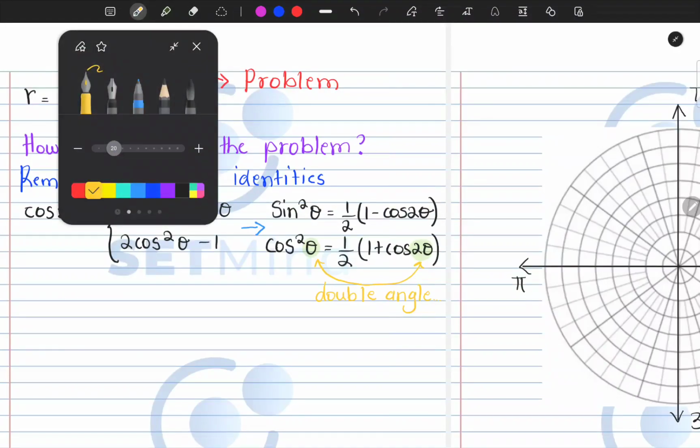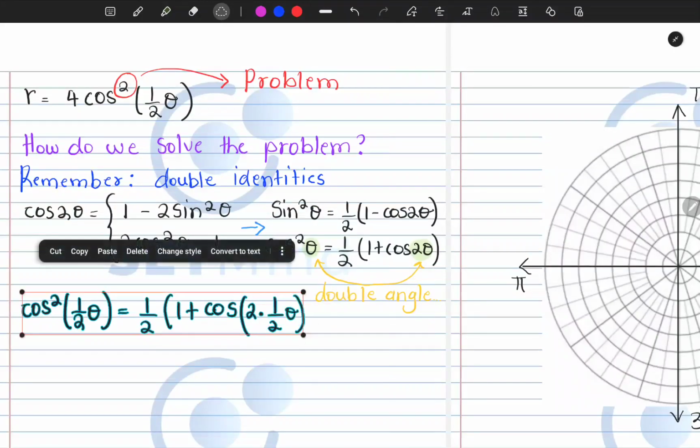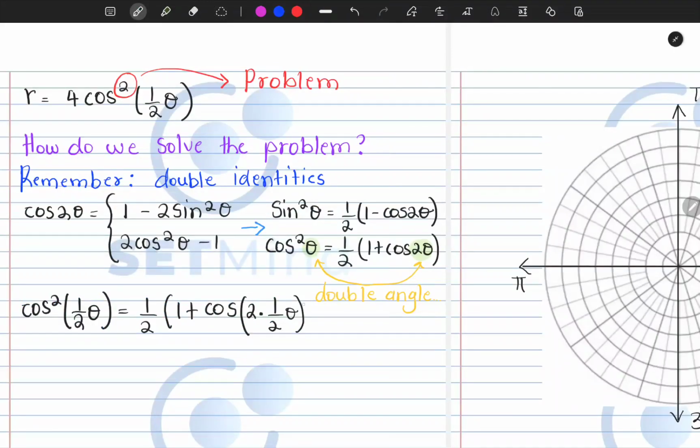So this means that we can go now and have our cos squared of half of theta equaling 1 over 2 into 1 plus cos of, remember we doubled the angle we had, so we'll double half of theta, and you will see that what we will end up getting will just amount to theta.